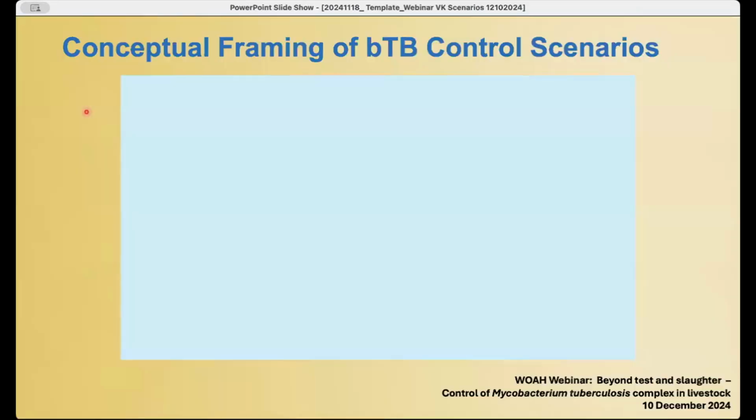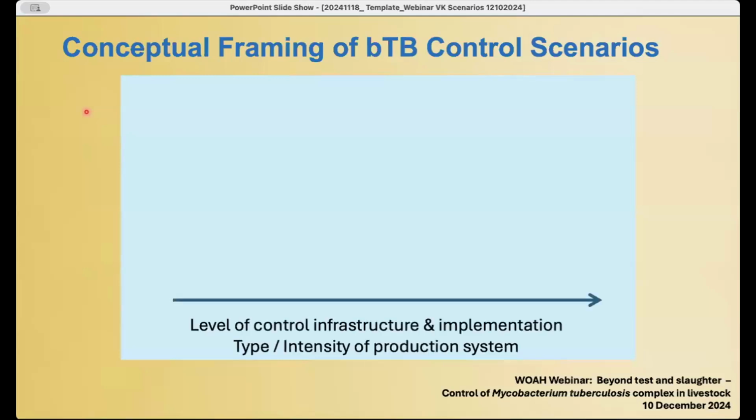The four scenarios are presented in the guideline document, and you'll see this at the end of the document. But I wanted to establish perhaps a different way of viewing these scenarios, the conceptual framing, if you will.